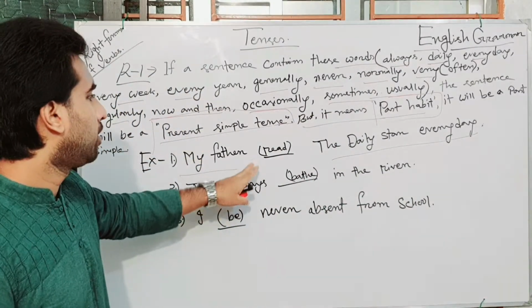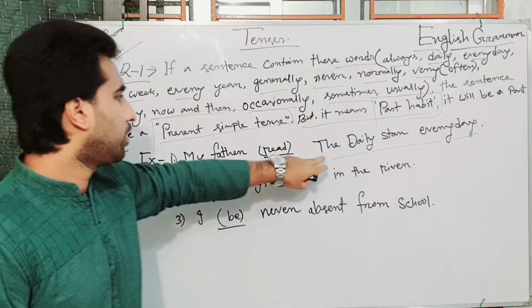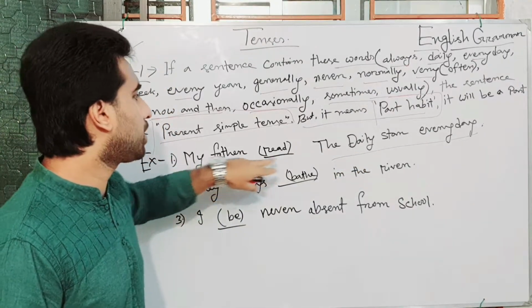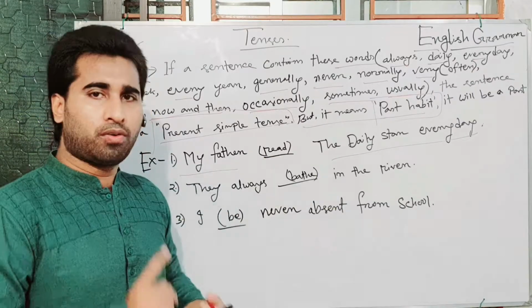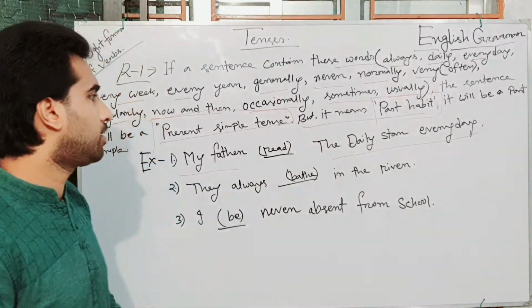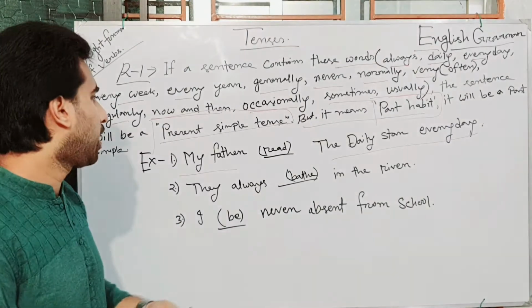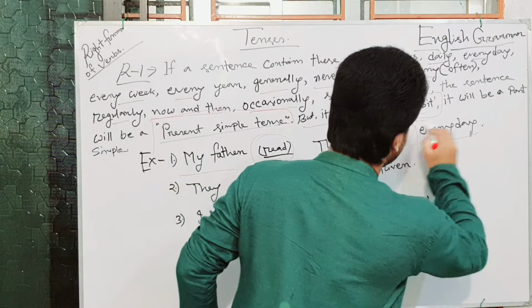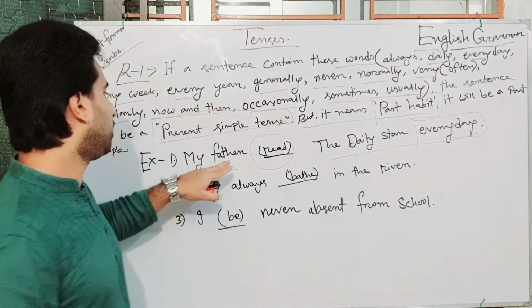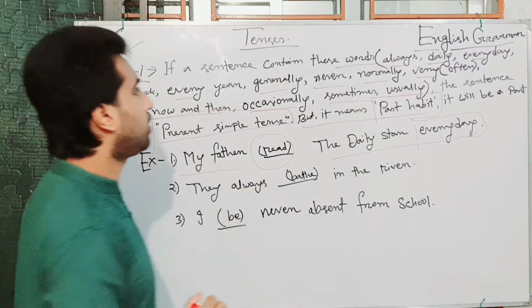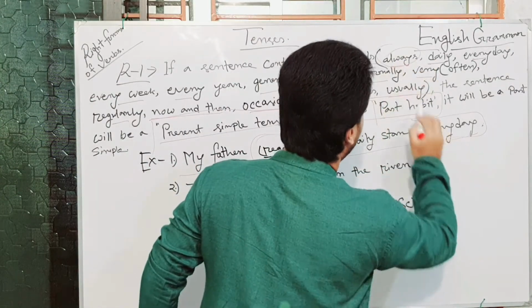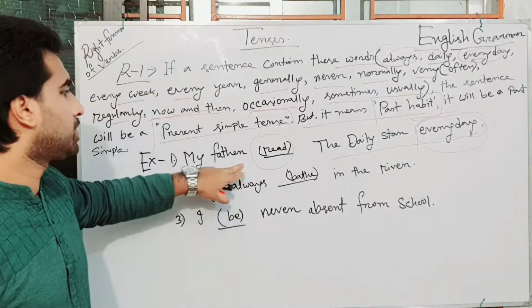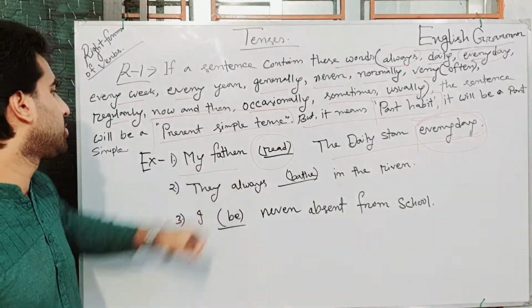As it is his habit, because he wants to read the Daily Star every day, it's a continuous, everyday work. Here we also find every day. So it is a present indefinite tense.